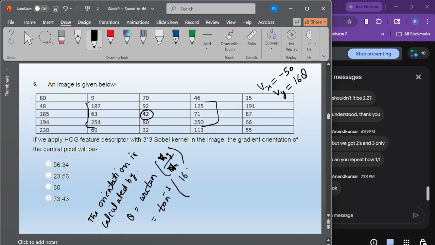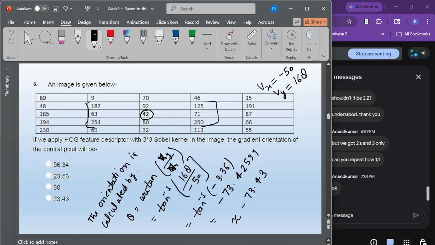So 168 by minus 50. Now, if you just divide it, you will get minus 3.36, right? Now, if you just calculate it, you will get minus 73.42599, and that is approximately minus 73.43. So here it is a positive value given, right?